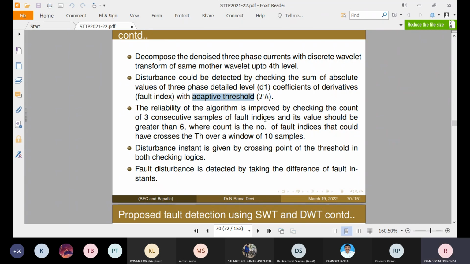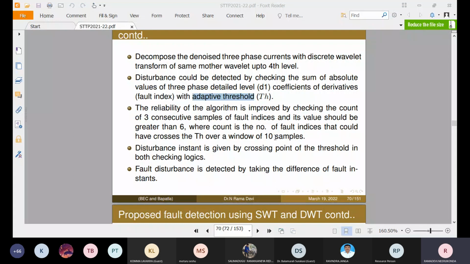So for 3 consecutive samples of fault indexes, the count value should be greater than 6. That means the count corresponding to the 3 consecutive samples of fault indexes. The moving window size is 10. So let us take this as a window and represent it as the features. According to that, the count values are computed for a window of 10.